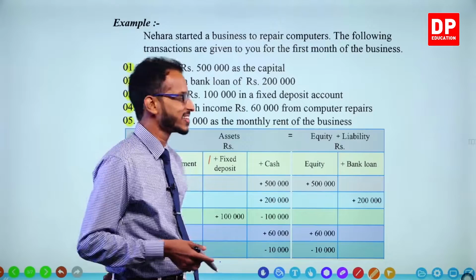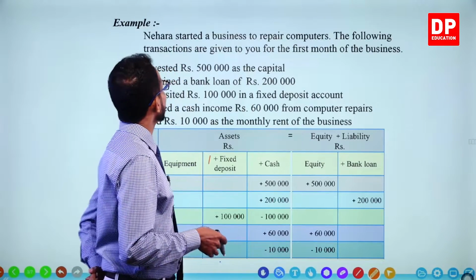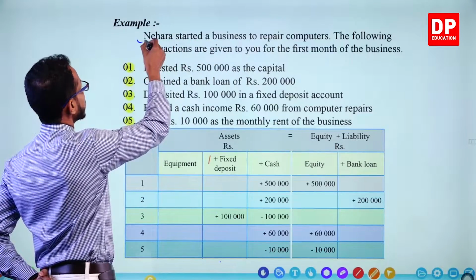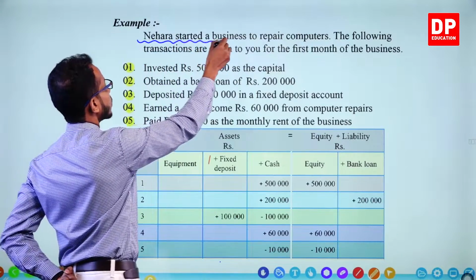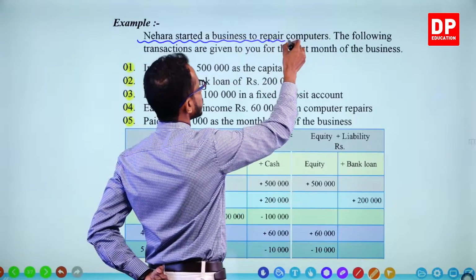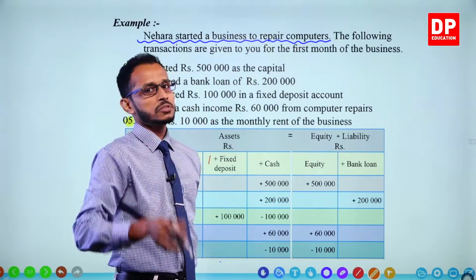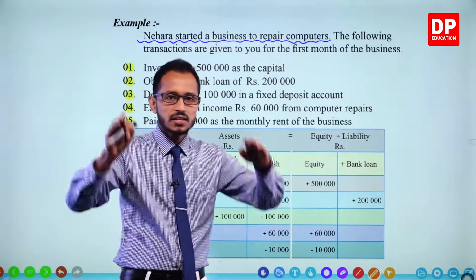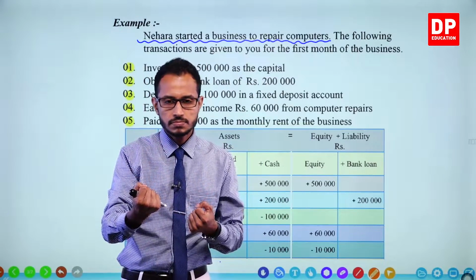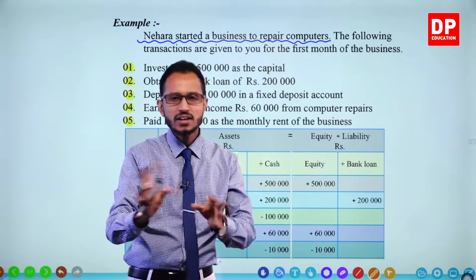Yeah, obviously. It's not a boy's name, right? This lady has started a business to repair computers. She must be a computer technician. She has started a business organization with her skill and knowledge to repair computers.